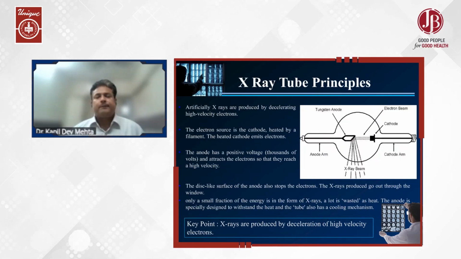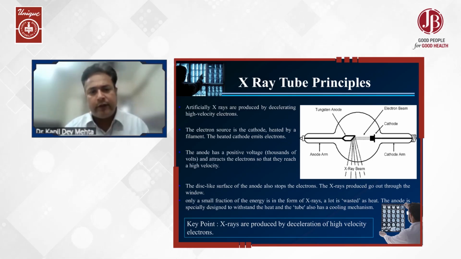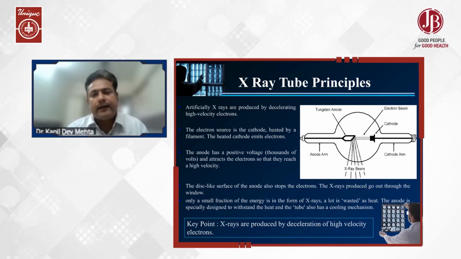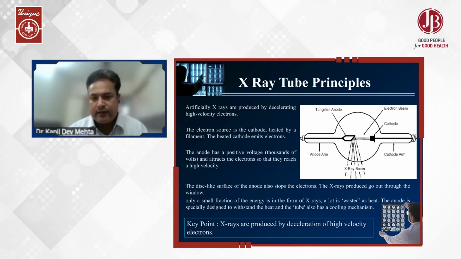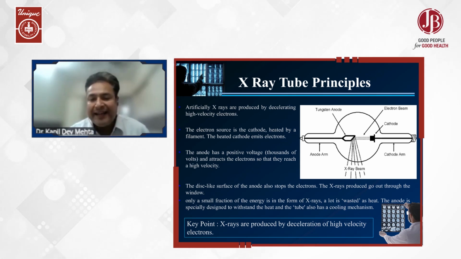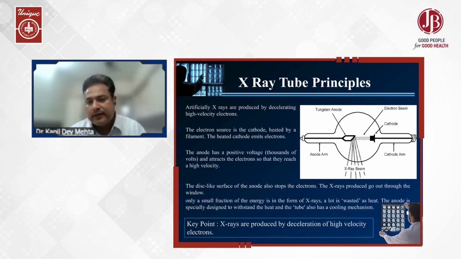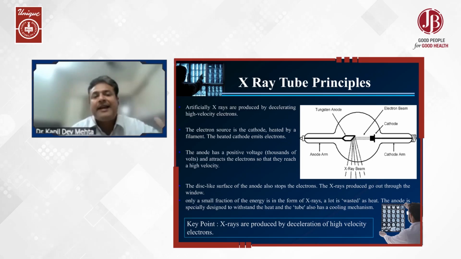So what is the basic principle of how X-rays are produced? I will go very briefly. X-rays are produced when a cathode releases lots and lots of high intensity electrons. When these high energy electrons released from the cathode reach the anode, they are decelerated.